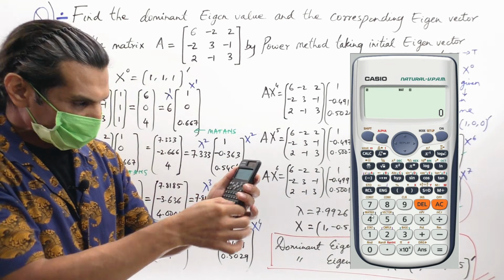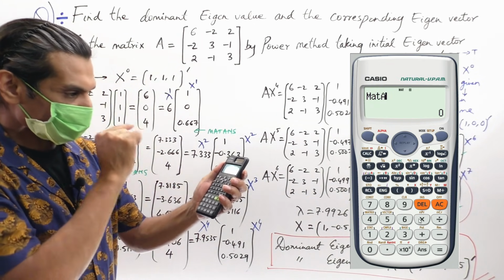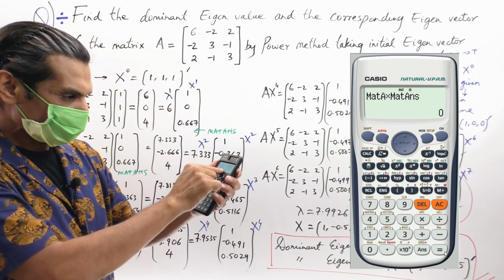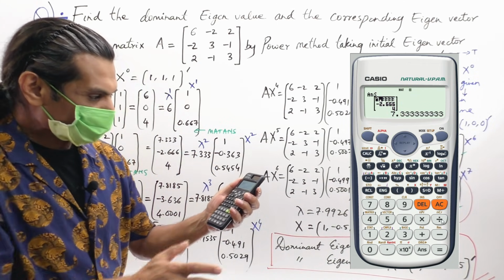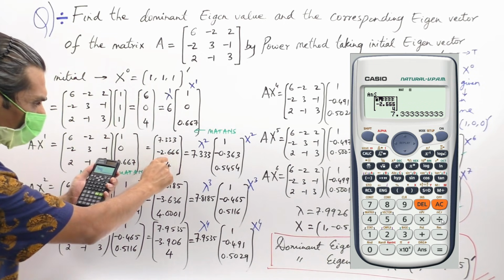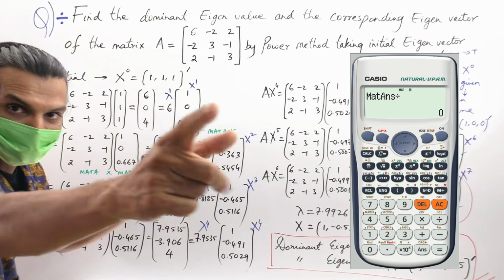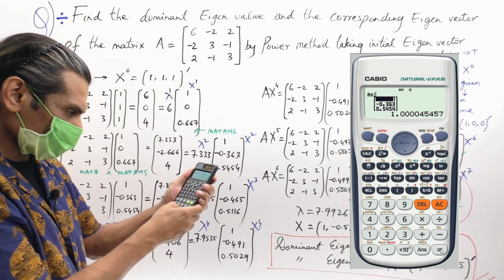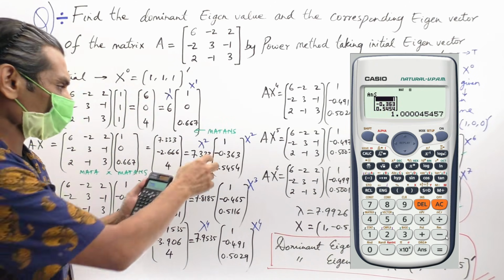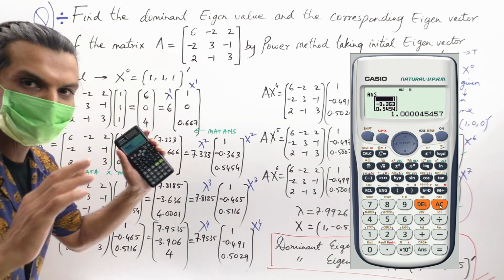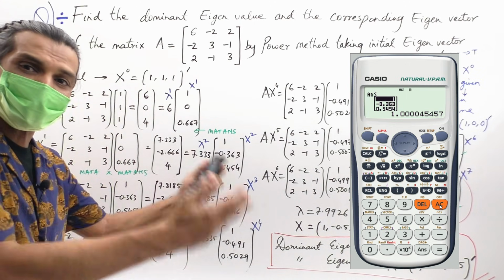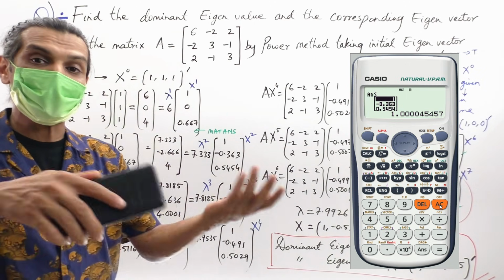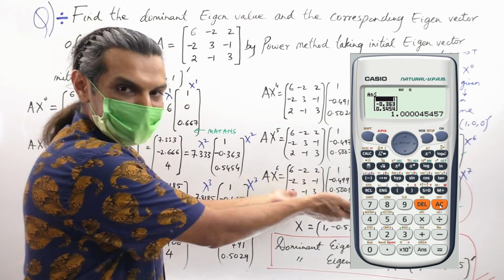Again AC, shift matrix A into shift matrix 6, Mat Answer, is equal to 7.333, minus 2.664. Perfect. Now again, which is the highest number? 7.333 divided by 7.333 is equal to, again, 0.363, 0.5. Perfect. Again the same circus repeats: Mat A into Answer, Mat A into Answer, until you get this.